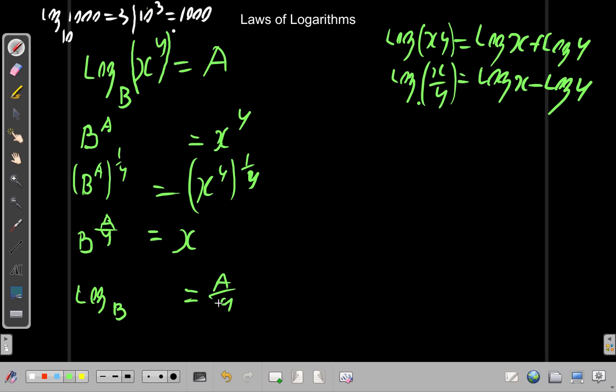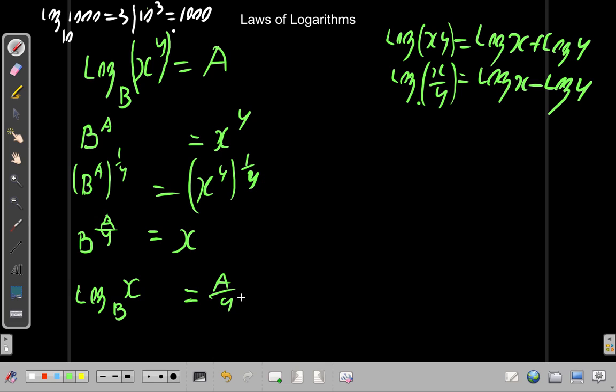Then, notice in index form, you have the answer 1000. In log form, it is the number you're logging. Here in index form, you have the answer equal x. In log form, it's the number that you're logging. Alright? Now, what is a equal to here?